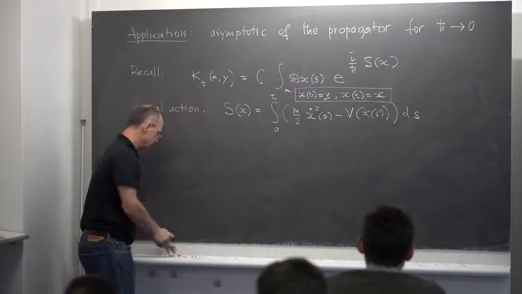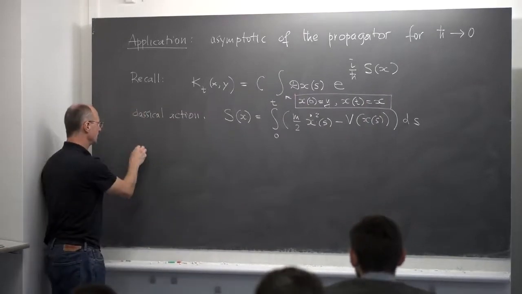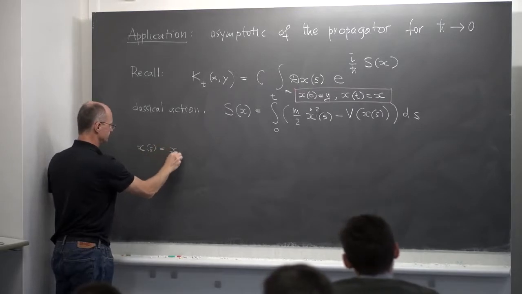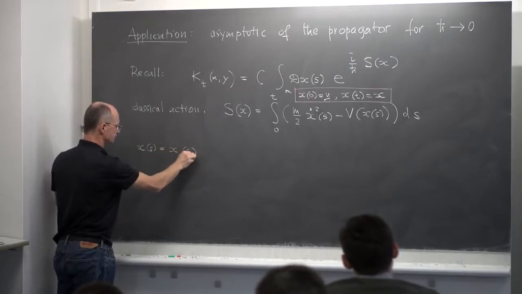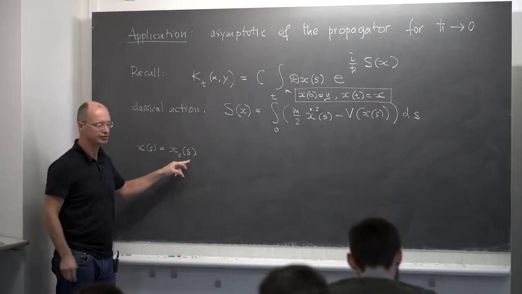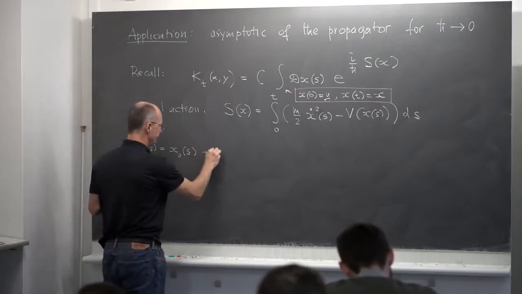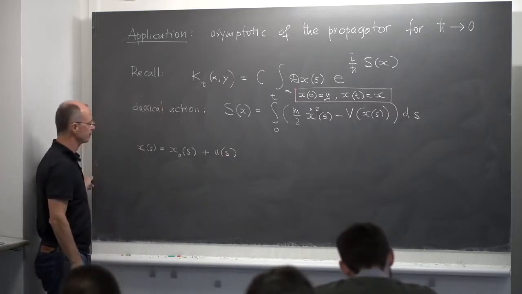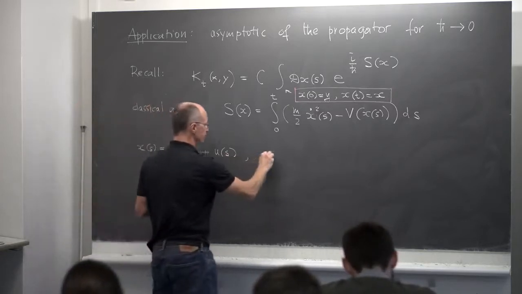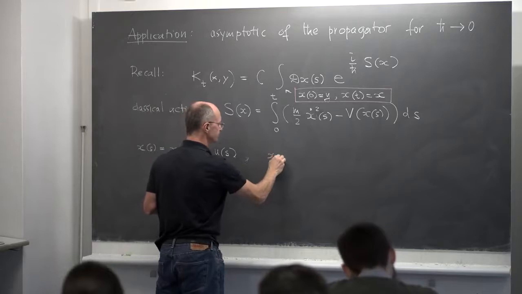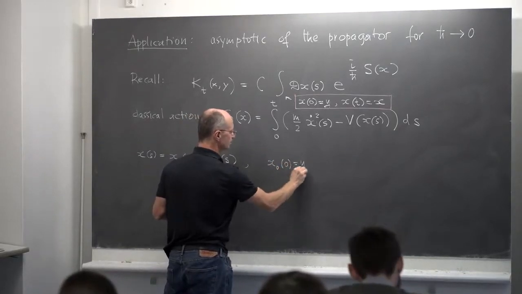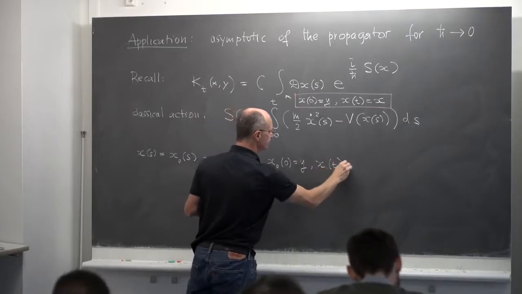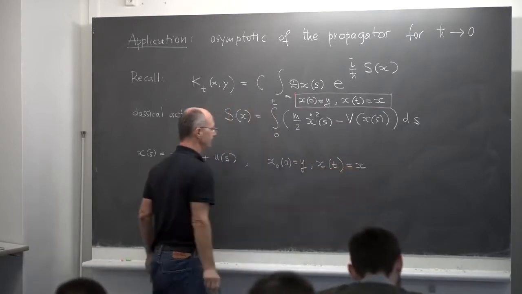So let's do the following. Let's say x of s is some fixed trajectory, x naught of s, plus an extra term, u of s. And we'll assume that x naught is an allowed trajectory, so it has the correct boundary values.